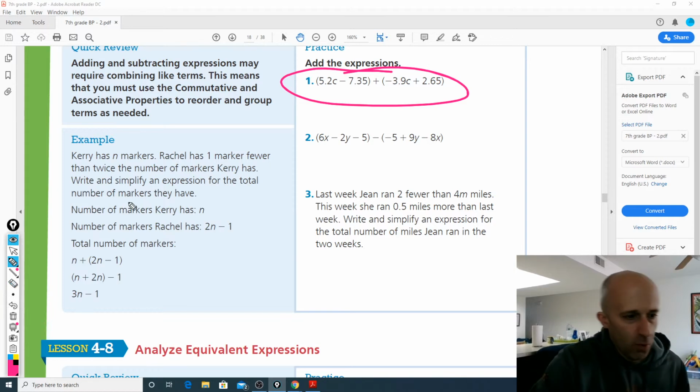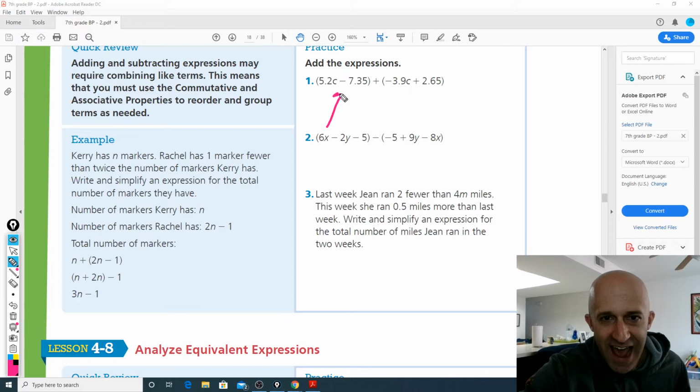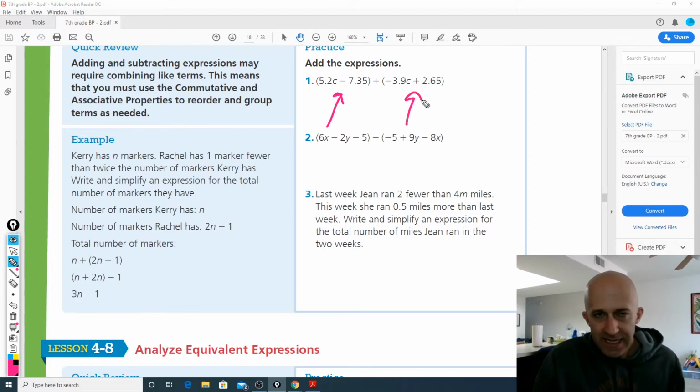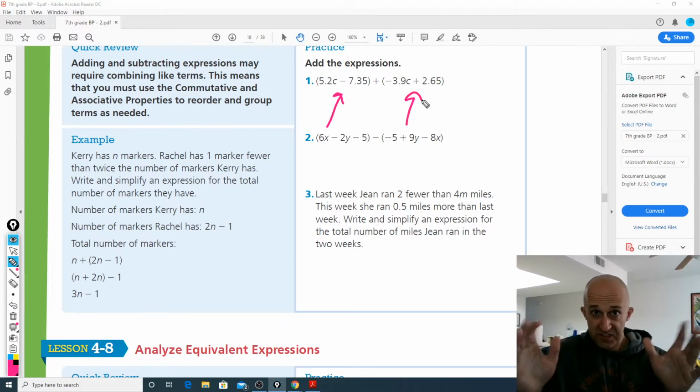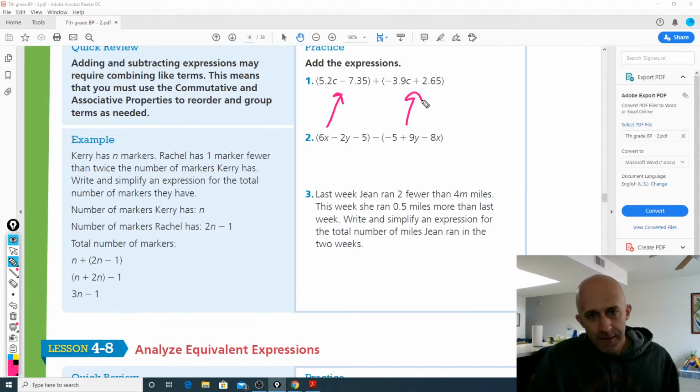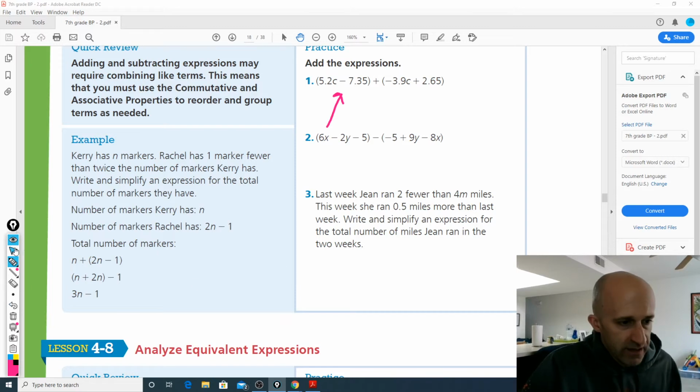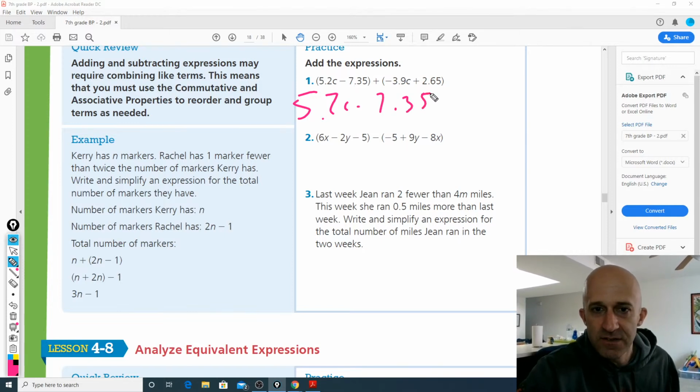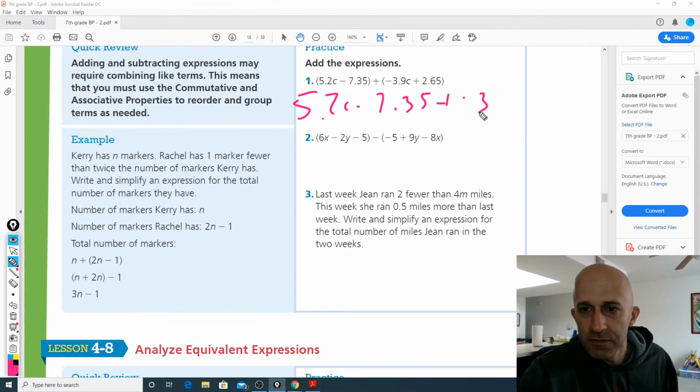Technically, if you want to be really technical about it, when you add two expressions here, you can take those two parentheses and just get rid of them. Because you're dealing with addition, it can be rewritten as 5.2c plus negative 3.9c plus 2.65.